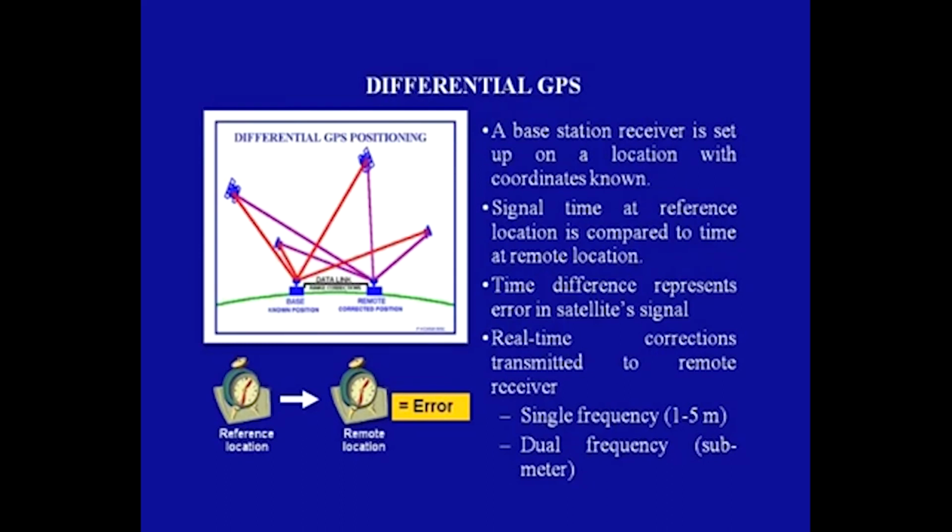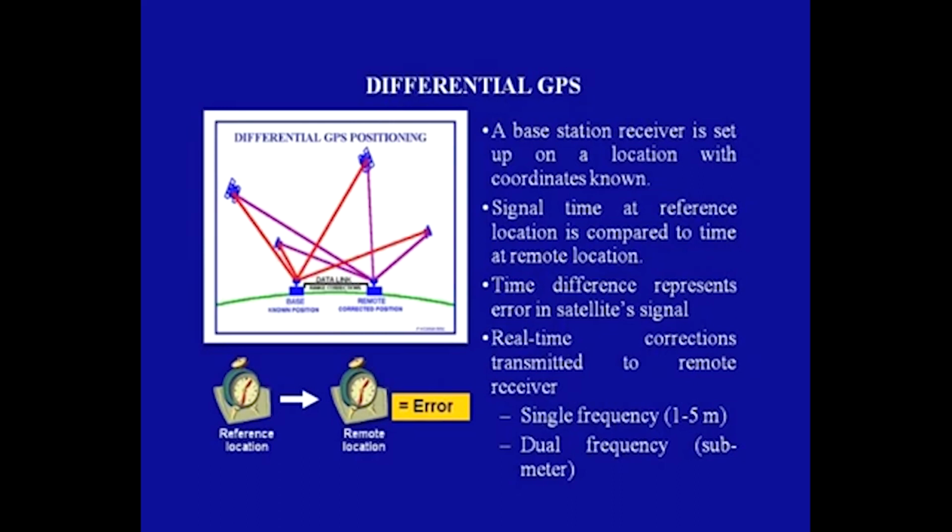It may be observed that both the GPS receivers, at the base and at the remote locations, are tracking the same satellite vehicles. A minimum of 4 is required. So, we can see that with the help of these 4 satellites, the error can be resolved between the reference location and the remote location in terms of clock time, because this is important in resolving the biases which may have come into existence.